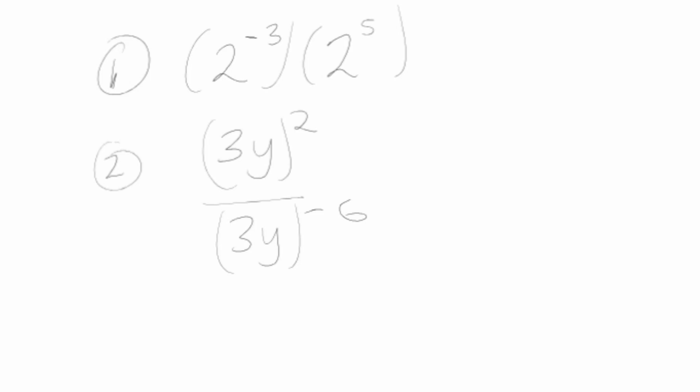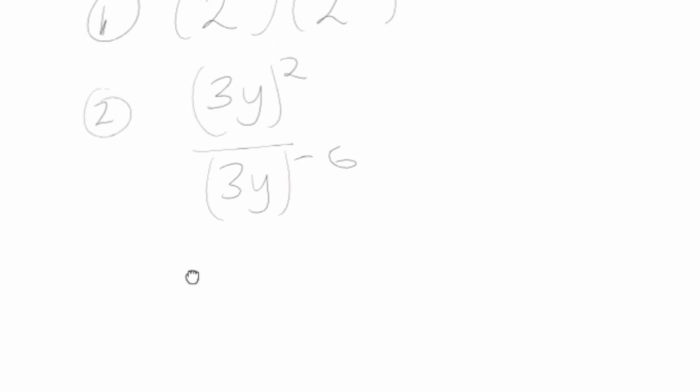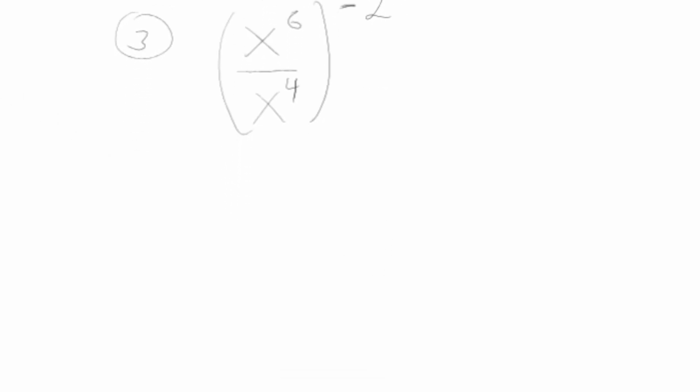And then let me put 3 here: x exponent 6 over x exponent 4, in parentheses, exponent negative 2, then 4.